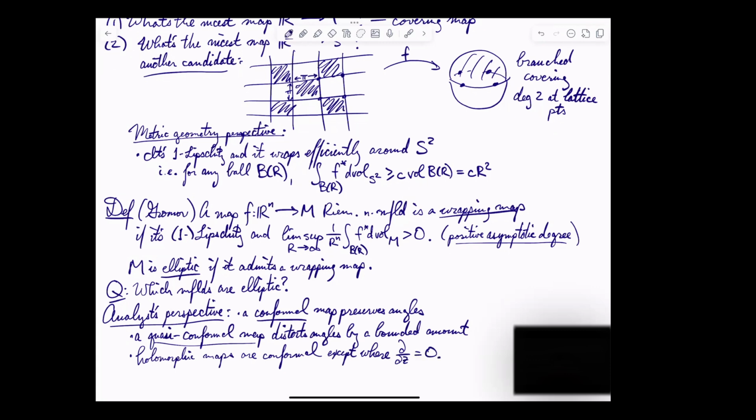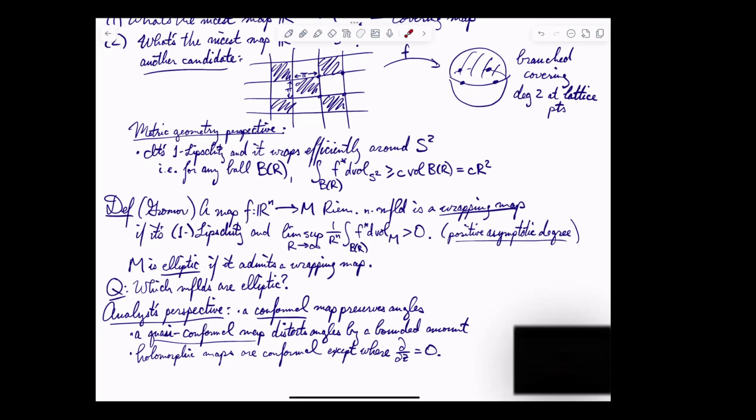If we take this condition, conformal except where the derivative is 0, in higher than one complex dimension, then it turns out it becomes extremely restrictive. So it's a matter of interest to try to relax this condition a little and see what you get.